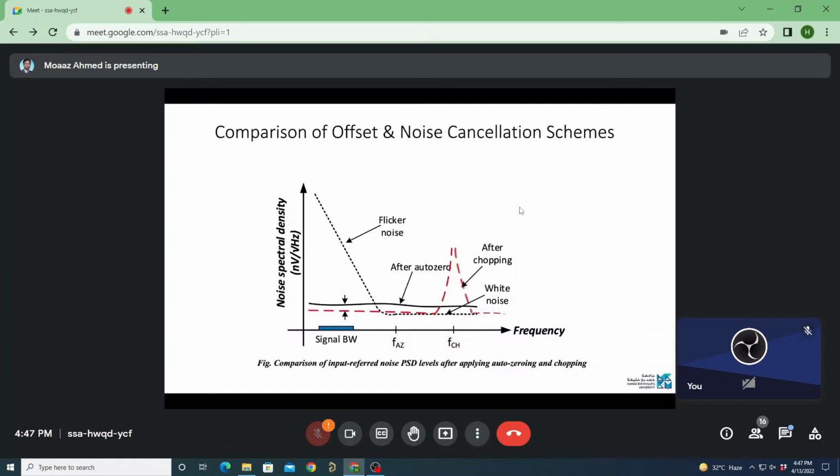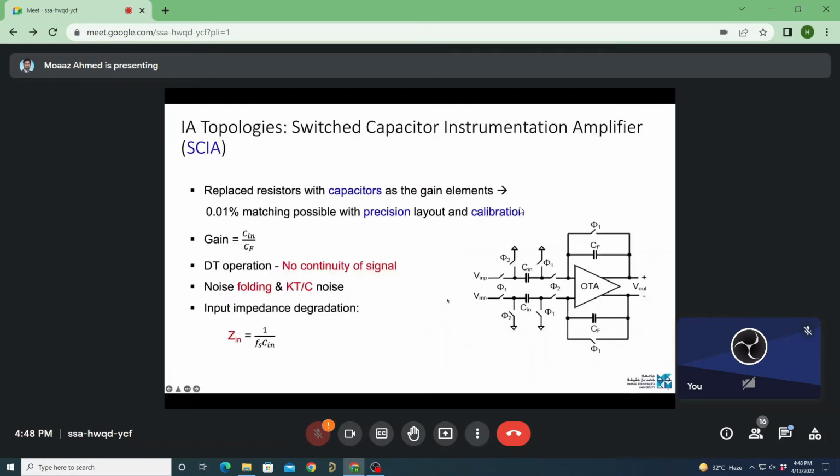Can you see the arrow now, Hassan? Actually, I cannot see it. Can I use the pointer? I have to get rid of this. Maybe some later time I'll do a mock-up with a friend and learn how to do that. It's very important, because in the circuit I have to explain what is happening, like this switch opening, that switch closing, and all that. Actually, it's not visible to me.